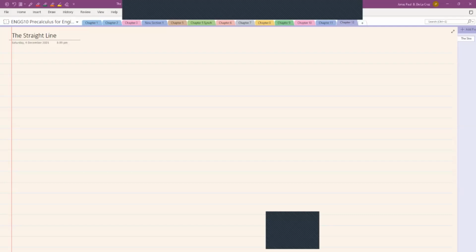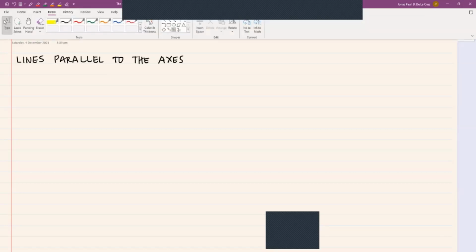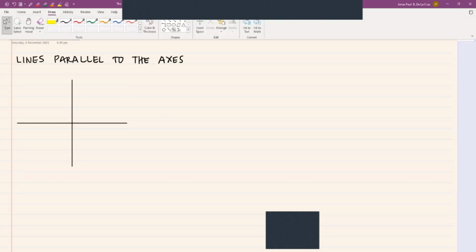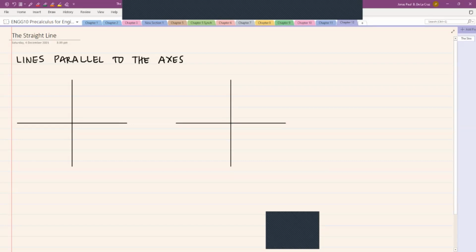Okay, so lines parallel to the axis. Of course, we have two kinds here: a line that is parallel to the x-axis and a line that is parallel to the y-axis.